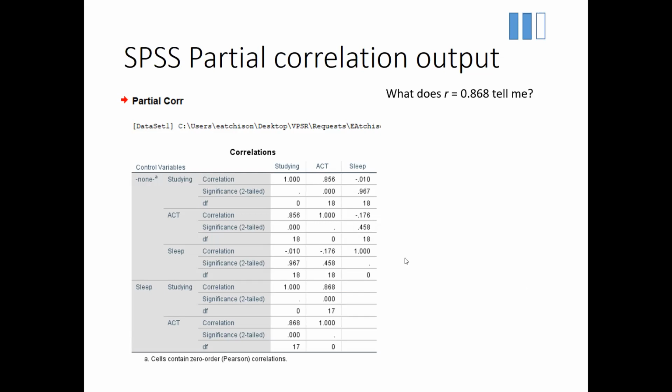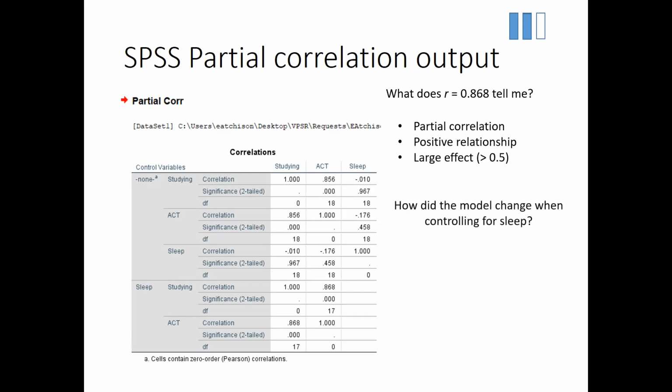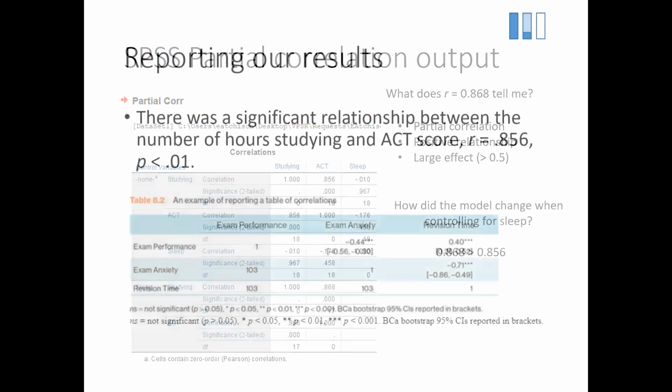So when we do control for it in a partial correlation, we still see a positive relationship, a large effect, right? But the effect is actually larger than if we did not control for it. So of course the model changed, it's greater now. I would stick with this version if I was doing a study or research on this, right? You definitely want to control for any factors that may be affecting both variables.